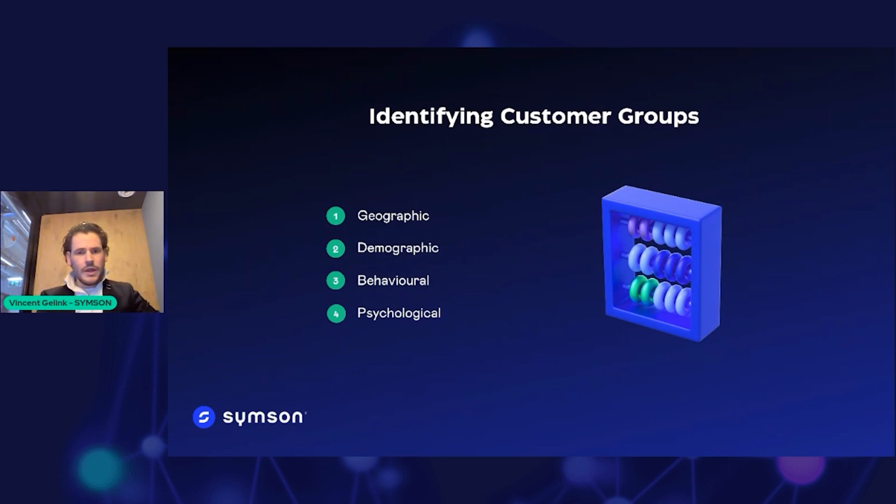The third one is already a little bit more complex, because we want to zoom in on the behavioral side of the potential buyer of our products. One of the easier things you can apply is if you are using, for instance, Google Ads or something like that, which also measures how clients visit your online channels.